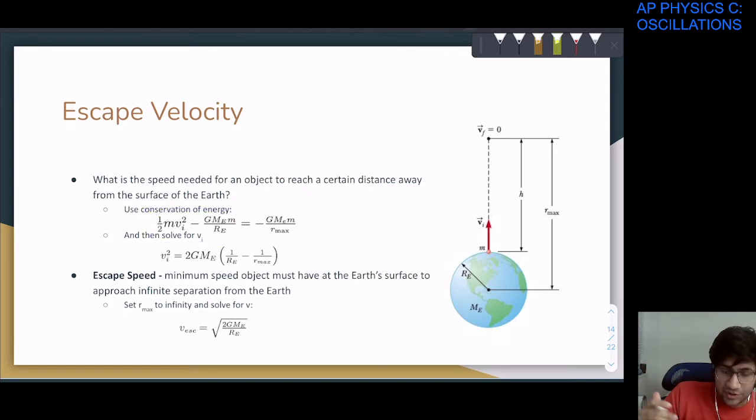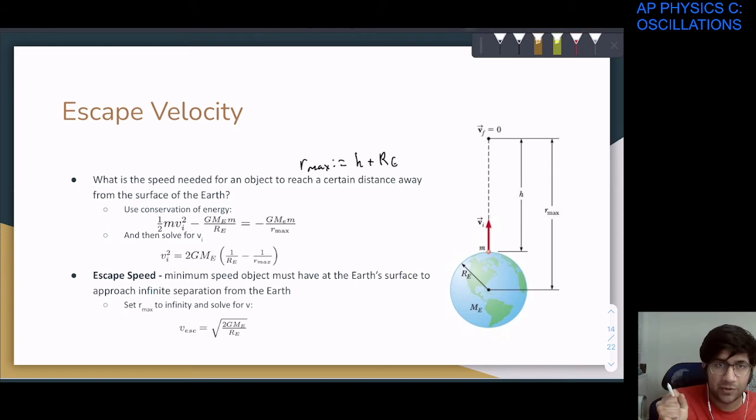And then the final energy is when the object is at some certain distance away. And there we also have potential energy. And we call the variable R max. So this R max is simply defined to be H plus RE. And the kinetic energy is 0 because we want to supply just enough velocity to reach that point.